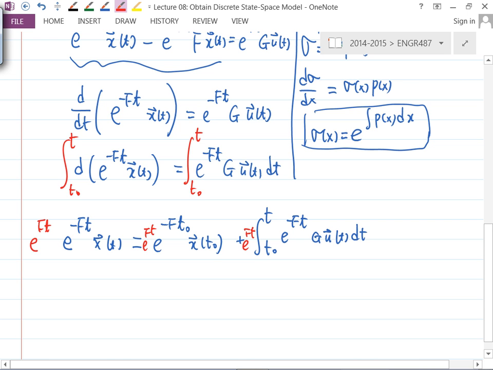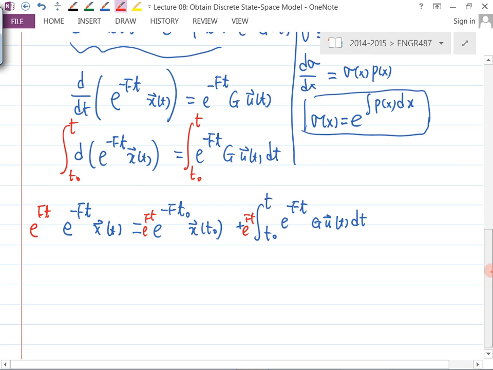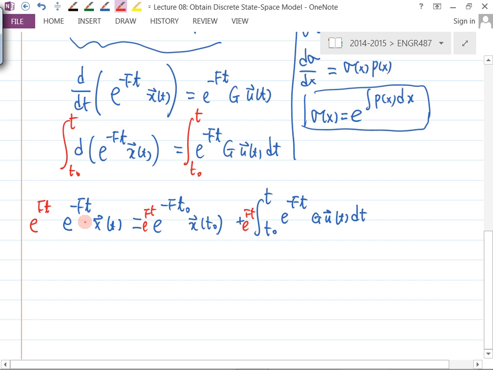Apparently this multiplication gives just 1, and this is just x of t. Now multiply by this: e to the power of a times e to the power of b is e to the a plus b. So this is e to the power of f, and x of t naught.